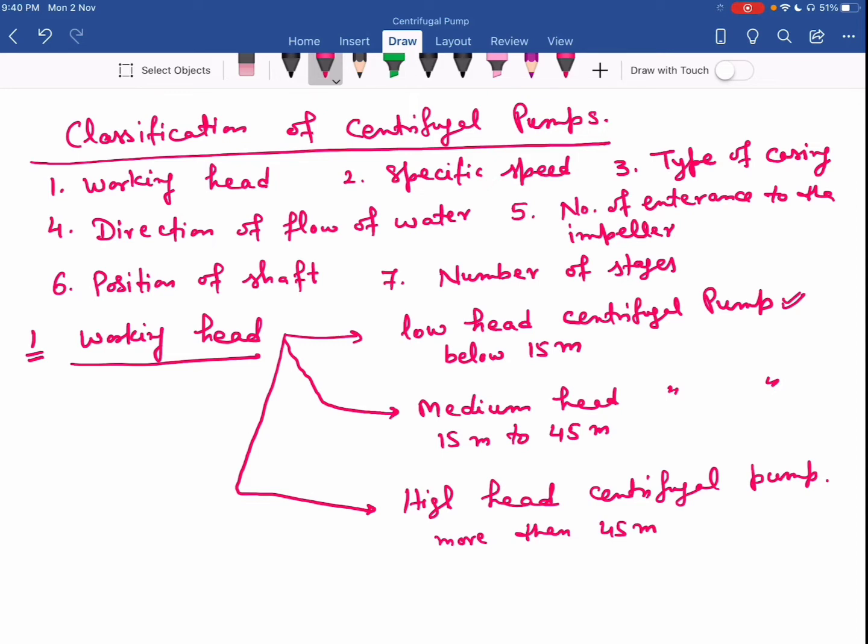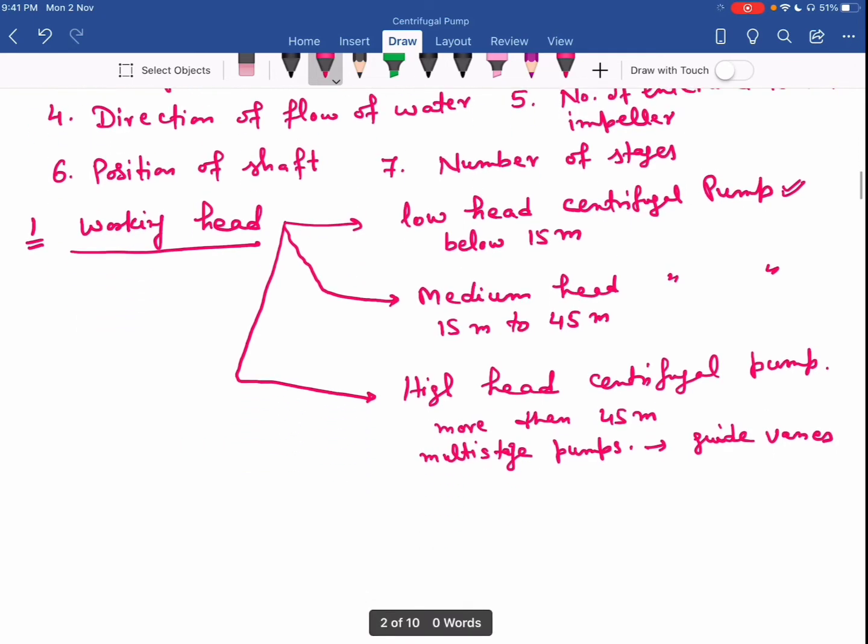These pumps are normally multi-stage pumps and are provided with guide vanes. These pumps may have horizontal or vertical shafts also. The vertical shafts are usually used in deep wells, to take out the water from deep wells. The next classification is on the basis of specific speed.